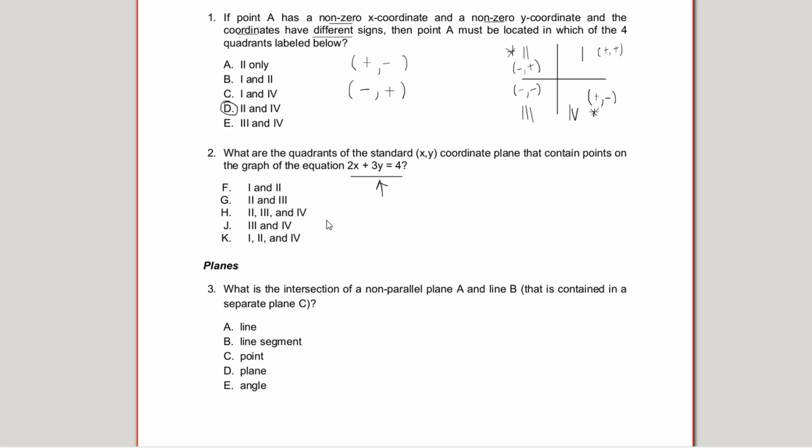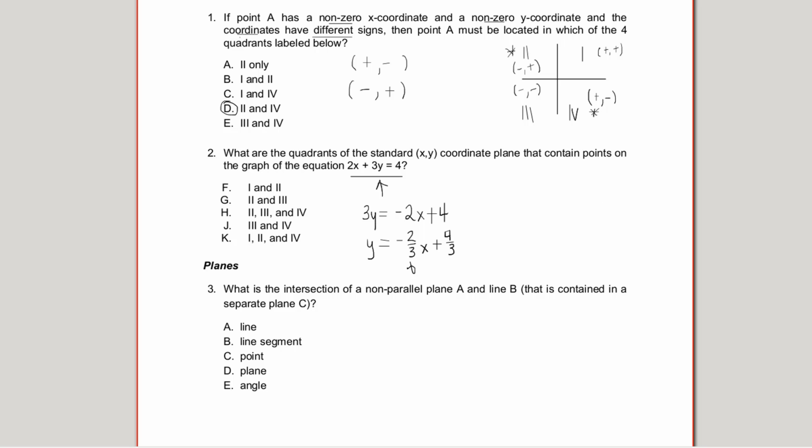To be able to graph a line, it's easiest, in my opinion, to get this in y equals mx plus b form, and then we can do some graphing using those values. So first I'm going to set up y equals mx plus b, and I rewrite my equation. I bring that 2x over to the right-hand side. Now I'm going to divide through by 3. I have a minus 2/3 x plus 4/3.